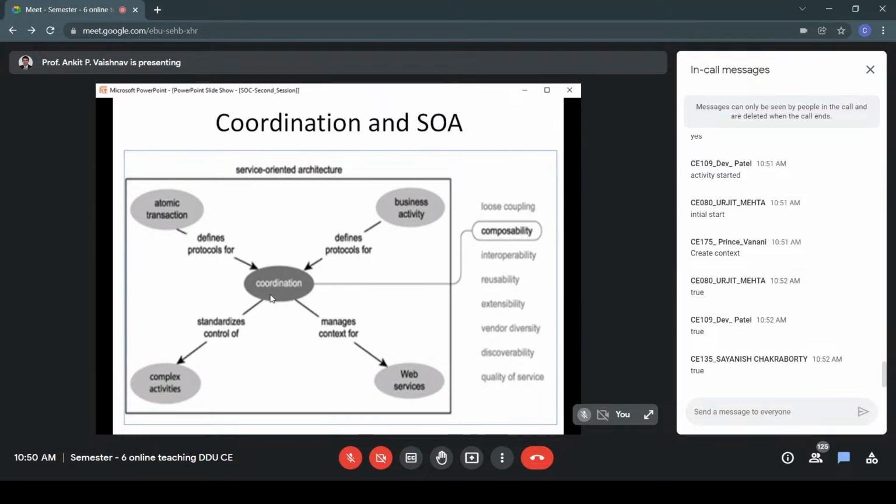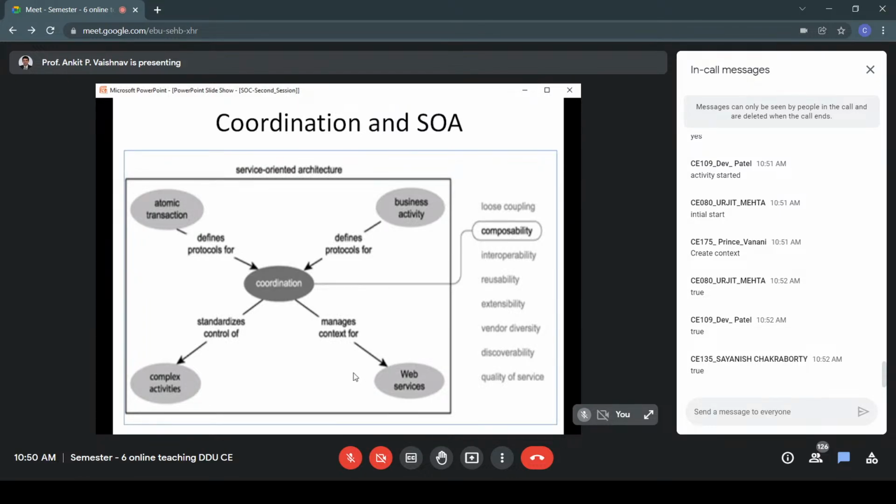It gives us standardized control of complex activity. We can control the complex activities in a standard manner. Plus, it can support a good way of managing the context information, or you can also say state information, for web services. Is this diagram clear? Are the arrows and the directions clear to all?